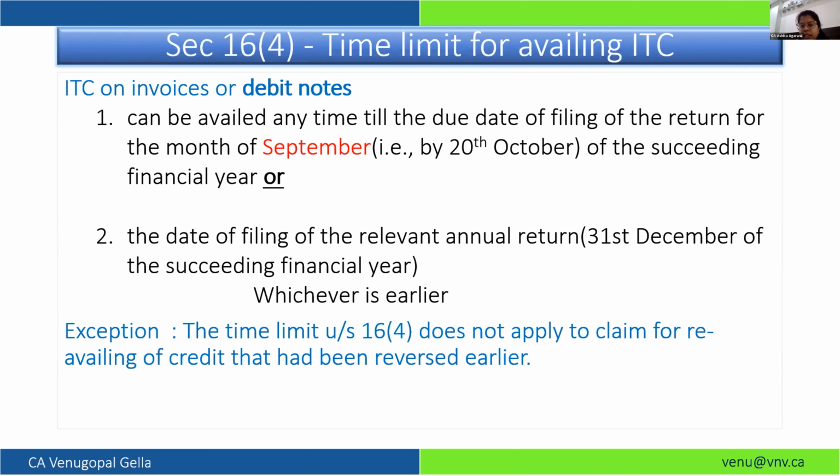So we will do our 2A reconciliation, look into what transactions are appearing only in the portal, only in books, and take necessary action so that you can avoid future ITC litigation or disallowance of ITC, because non-reflection in 2B will result in ITC disallowance, because a number of notices, like sir said, are system driven.